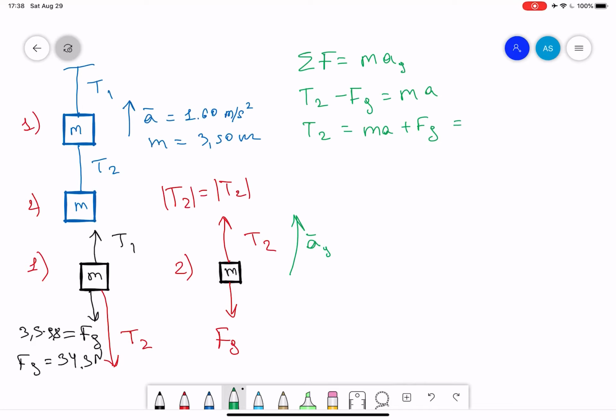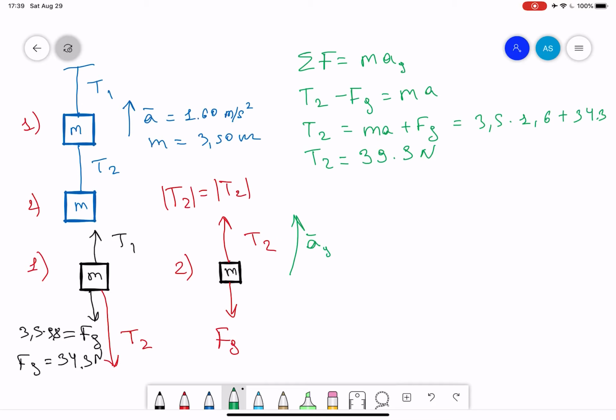Our mass is 3.5, the acceleration is 1.6, plus our Fg was 34.3. If you do the calculation, 3.5 multiplied by 1.6, plus 34.3, you will get that your tension 2 is equal to 39.9 newtons.